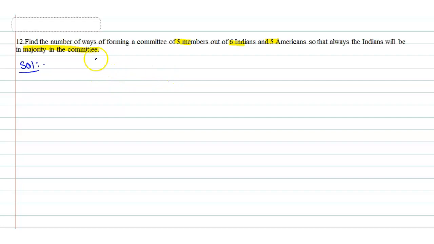Right. So here I am taking first Indians, and next Americans, next the team. Here we have Indians are 6, next Americans are 5.